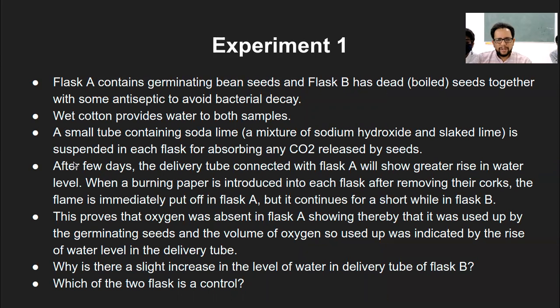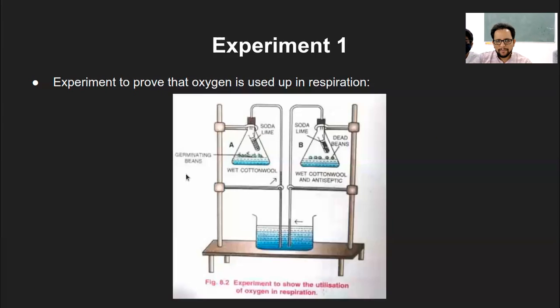After the whole experimental setup is kept for a few days, the delivery tube connected with flask A will show a greater rise in water level. Now this is the delivery tube. If you see this, it is bent twice, you can call it an inverted L-shaped tube, and this tube is dipped inside.